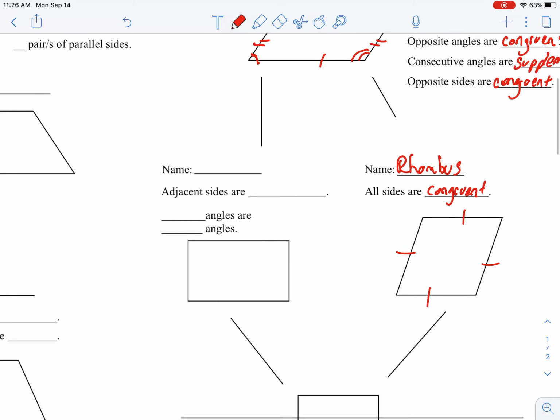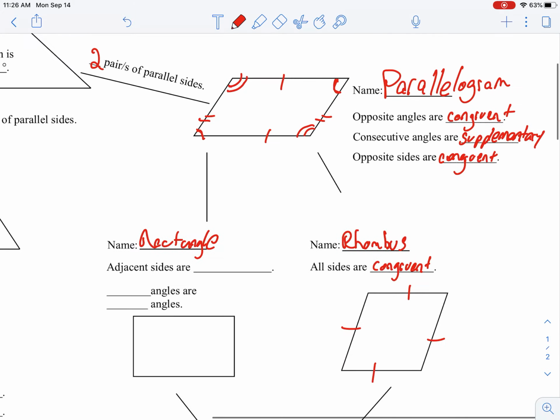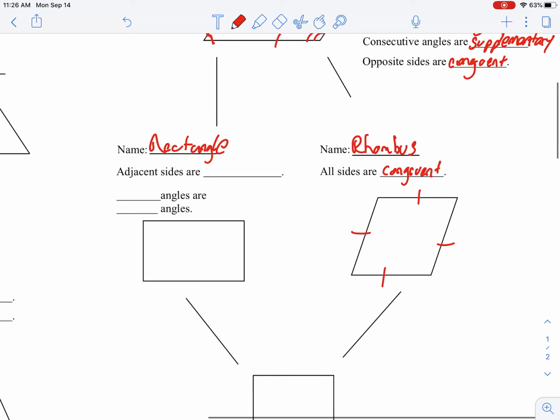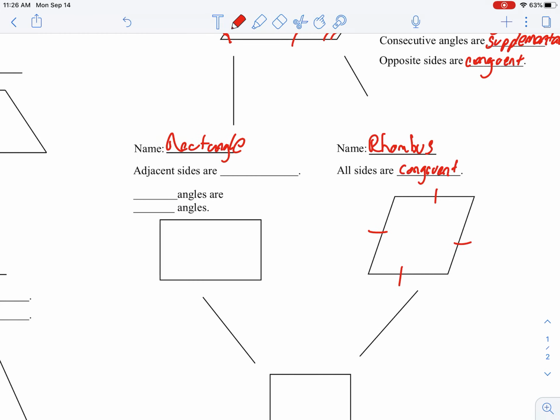But anyway, if we went down and to the left here, we ran into then what you're familiar with is a rectangle. All the properties of parallelogram, but now the adjacent sides are perpendicular. Now what do I mean by adjacent? Adjacent means right next to you. This is two adjacent sides.